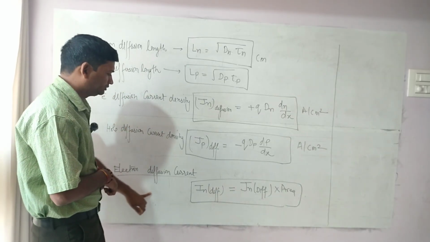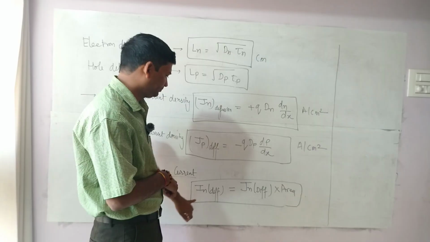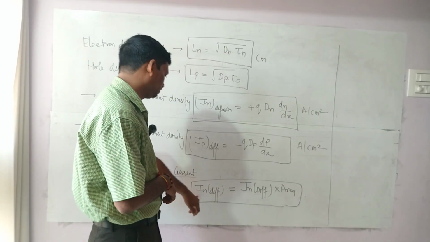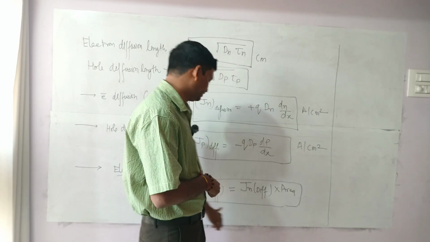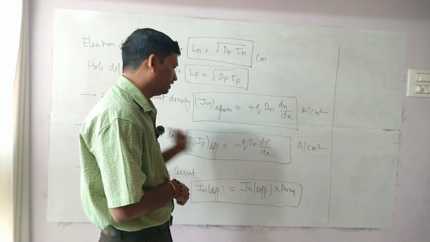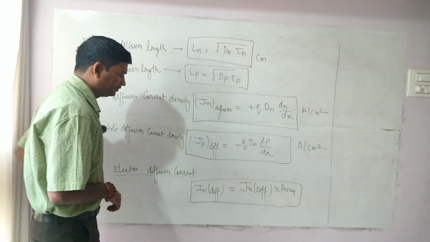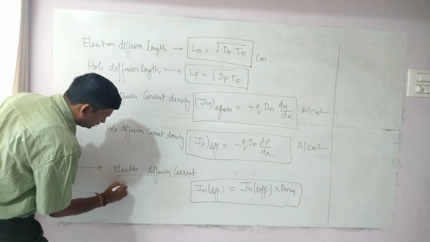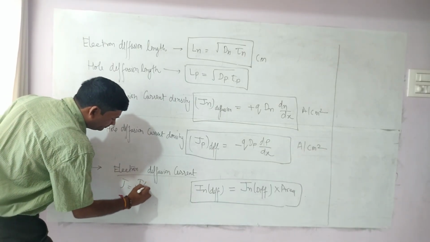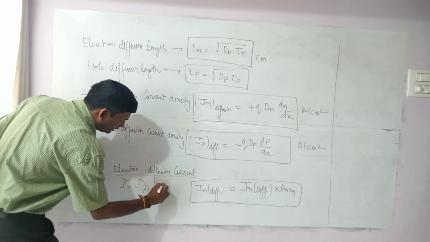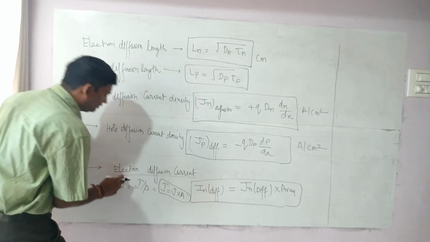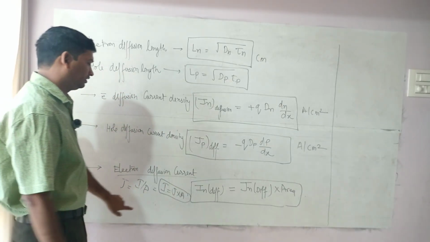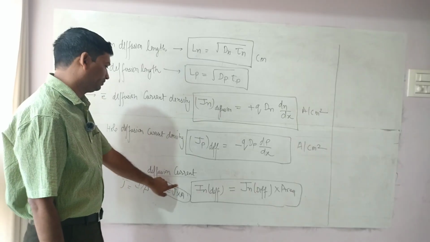The electron diffusion current In diffusion is equal to Jn diffusion multiplied by area. I is equal to J into A, and J is equal to I by A. So we can calculate the current I is equal to J multiplied by A. So you can calculate the electron diffusion current with the help of this.